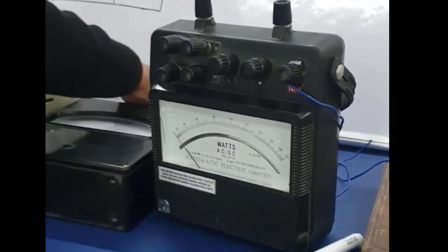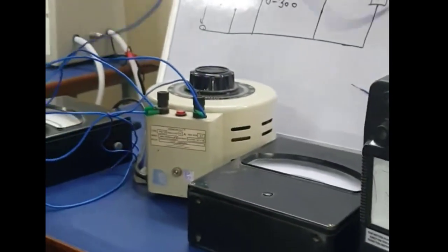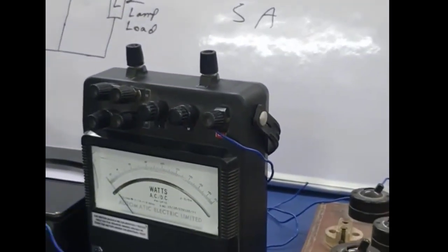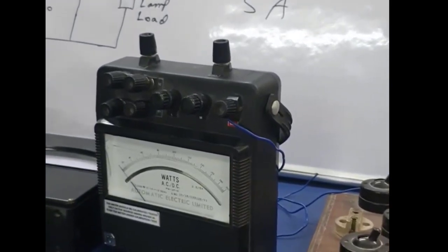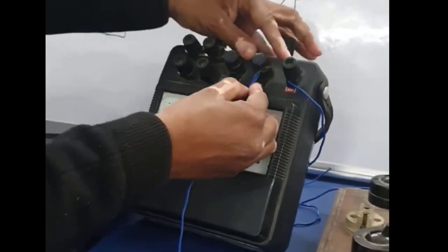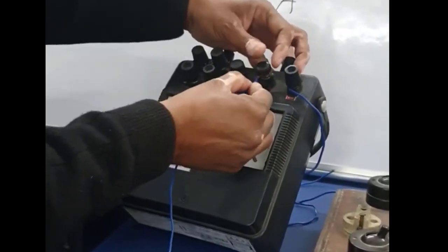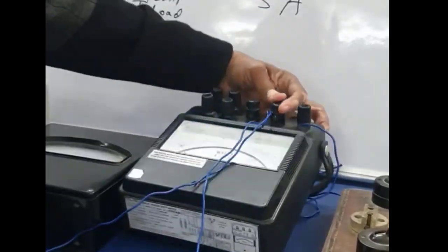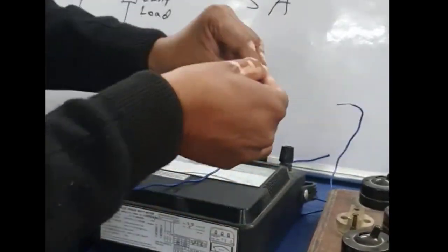So first of all, we connect the circuit. See that M and C terminals are connected. So we take a wire and connect the M and C terminals. This is the M and this one is the C terminal.